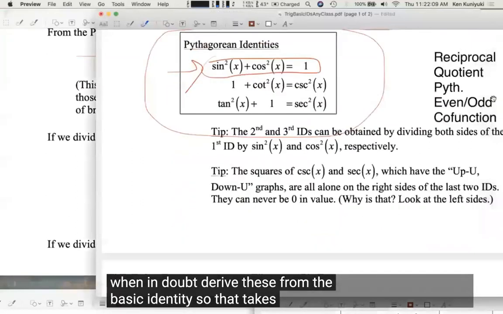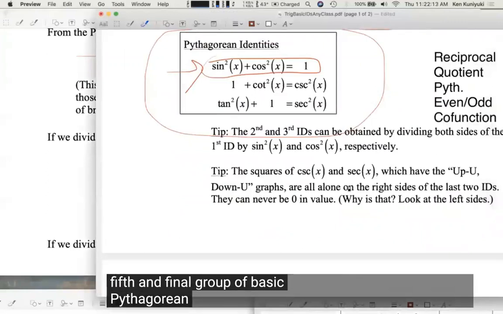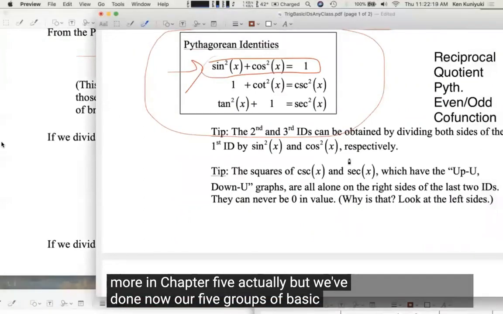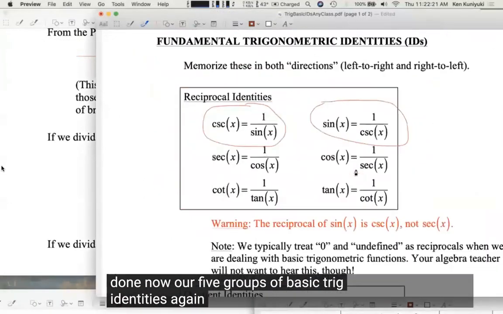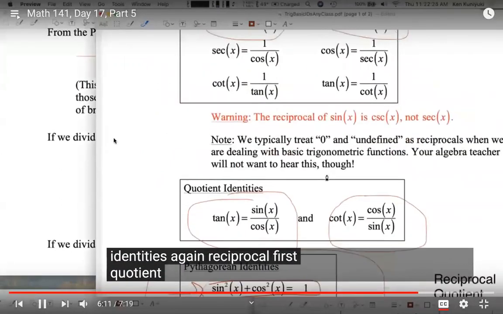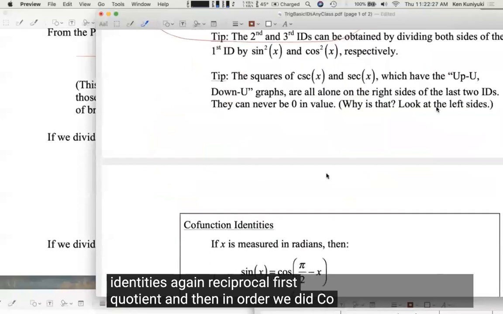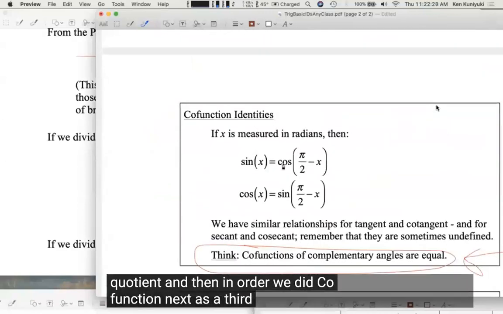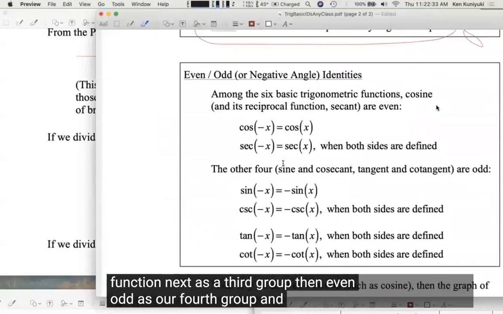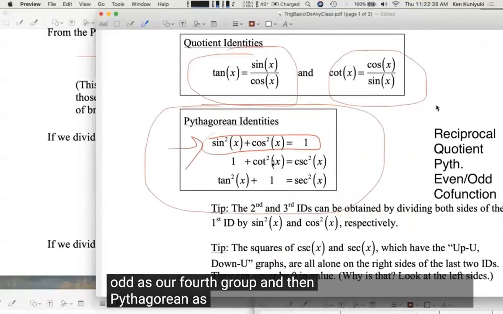So that takes us to our fifth and final group of basic Pythagorean identities. We'll have many more in chapter 5, but we've now done our 5 groups of basic trig identities. Again, reciprocal first, quotient, then cofunction as a third group, then even odd as our fourth group, and then Pythagorean as our fifth group.